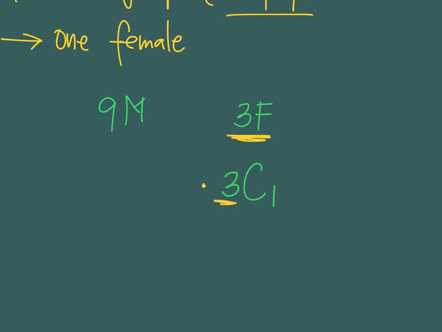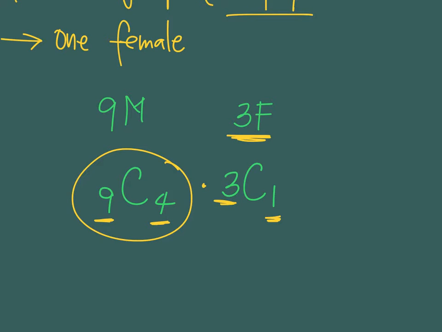That leaves 4 people that can be taken from the group of males. Why 4? Because you want to form a group of 5 people. You already have 1, so you have 4 left to get from the 9 males.